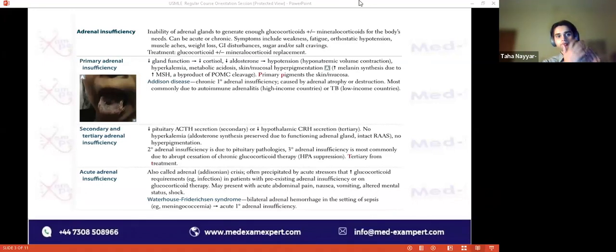Initially, the hypothalamus releases corticotropin releasing hormone. It acts on the pituitary gland and causes the release of ACTH, adrenocorticotropic hormone.